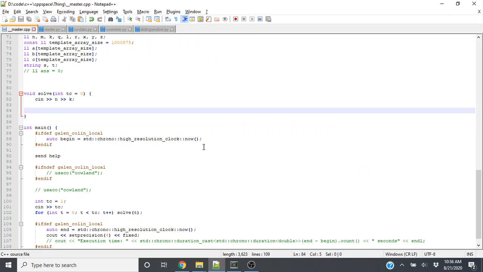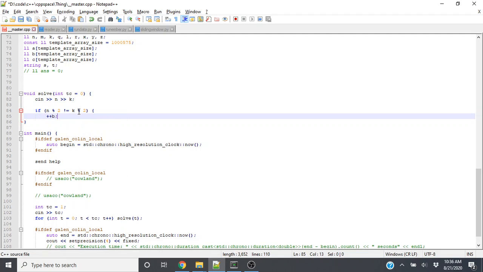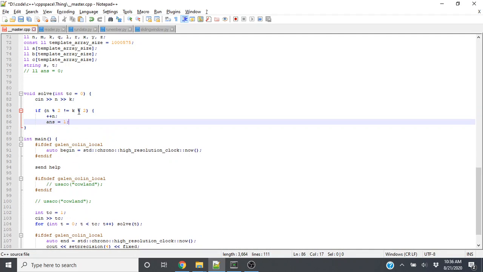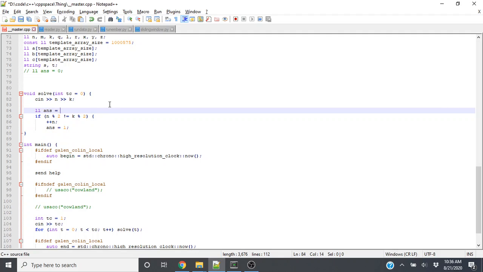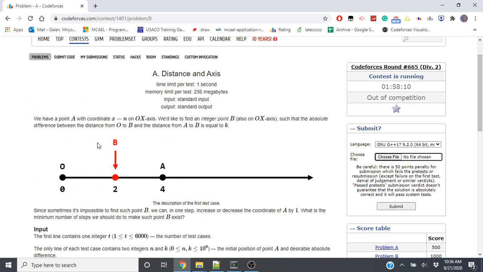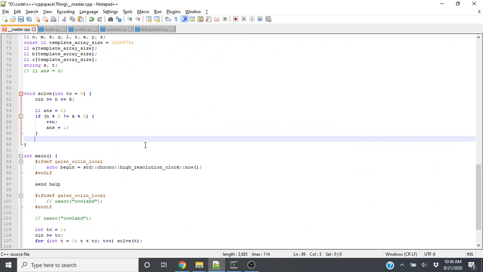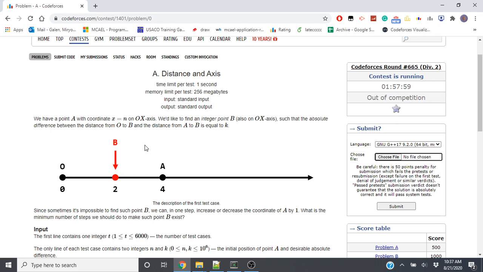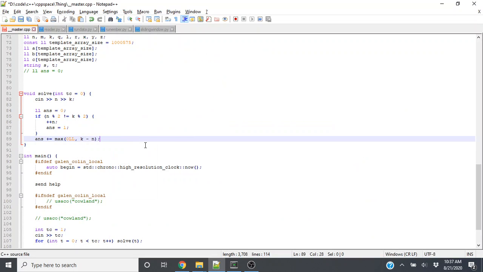So first, if they're not the same parity, no, m mod 2 is not equal to k mod 2, then plus plus n, and this equals 1. Then what we're going to do is, it's good enough to only increase, so ans plus equals max 0, then the number we would have to increase is k minus n.